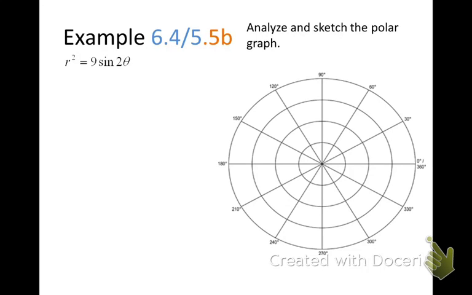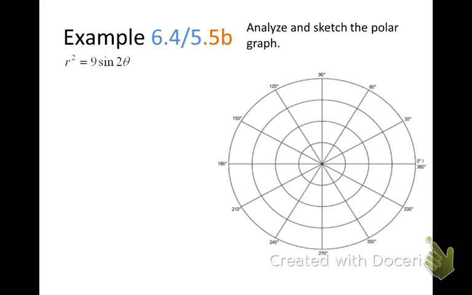I'm going to save the analysis for you guys, but basically, what shape are you expecting with the r squared? You've got r squared, so you're expecting a lemniscate. So you're expecting an infinity sign somewhere, right? If you can get one of those infinity loops, that will be good.